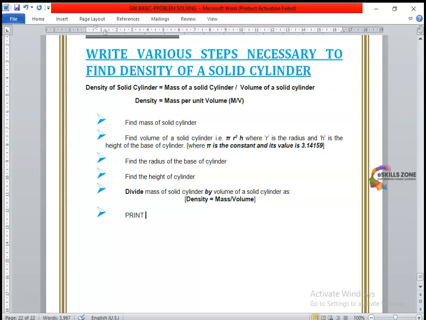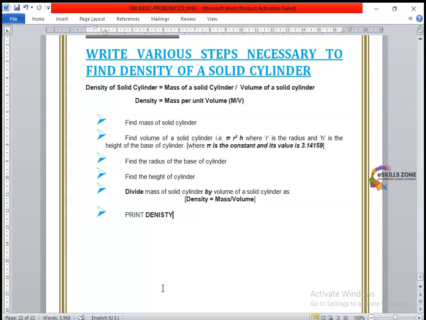So we will type print density. This is the final step through which we display the density by using the print statement, which is used to display the output.